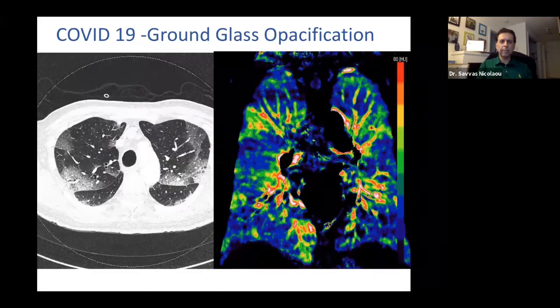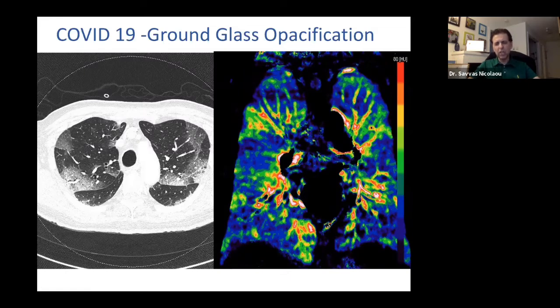So let's look at this example, a case from our institution, SARS-CoV-2 or COVID-19 pneumonia. These are color-coded images indicating in green the areas of ground glass attenuation, the coronal representation. But if you look at this axial image, anterior, posterior, right and left, you can see this ground glass opacification. We can still see the vessels coursing through this ground glass or increased density within the lung parenchyma in a posterior distribution.